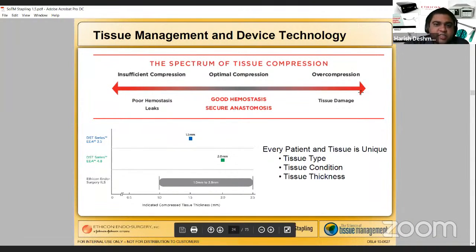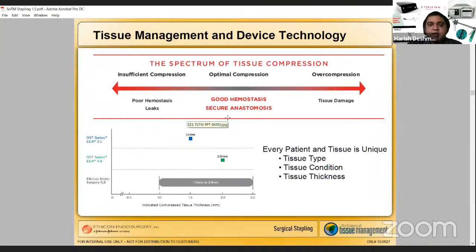Why optimal compression is important is basically to avoid any kind of staple leak. Optimal compression not only gives you a better staple formation, but also gives you better hemostasis as well. Optimal compression will give us a secure anastomosis because it doesn't cause any kind of tissue tension or tissue condition, be it tissue thickness or anything.